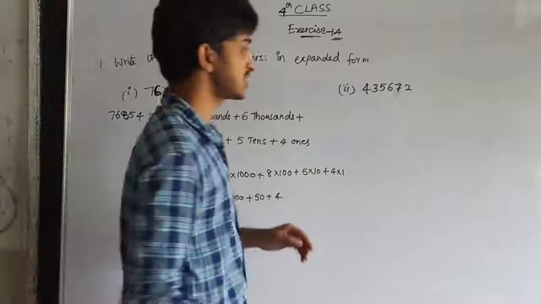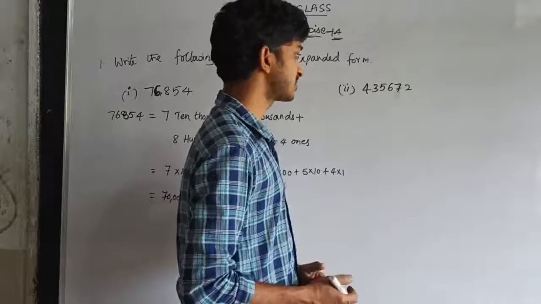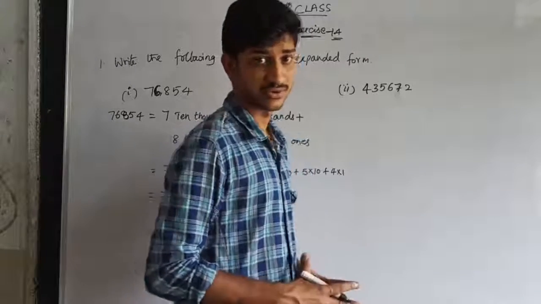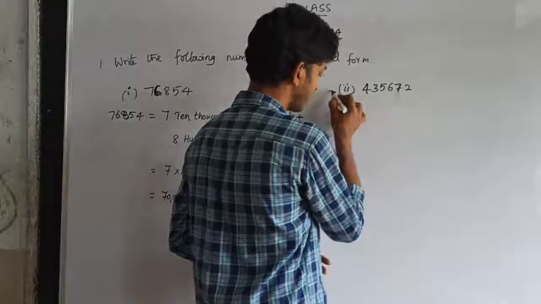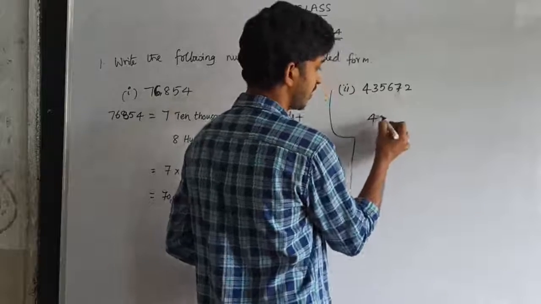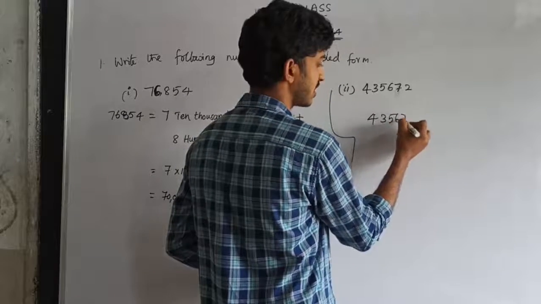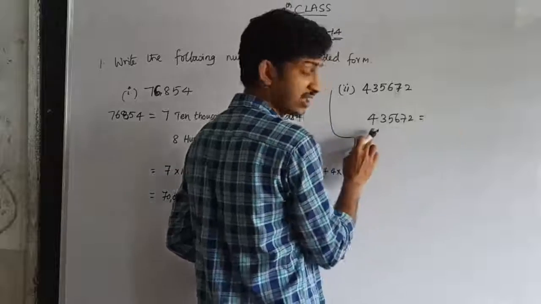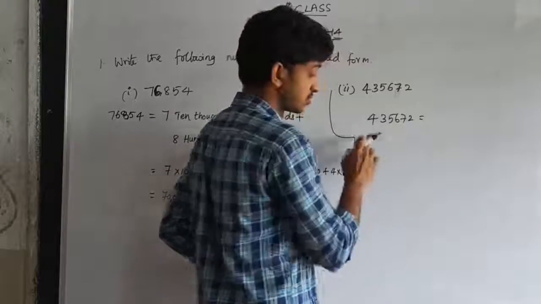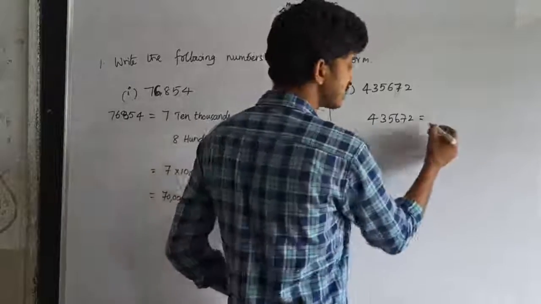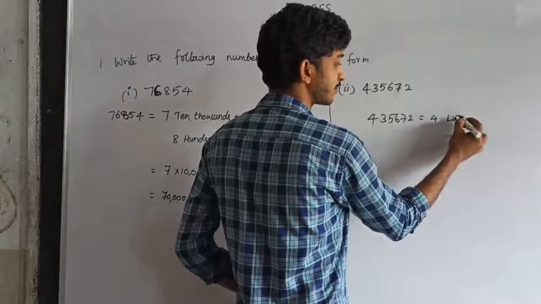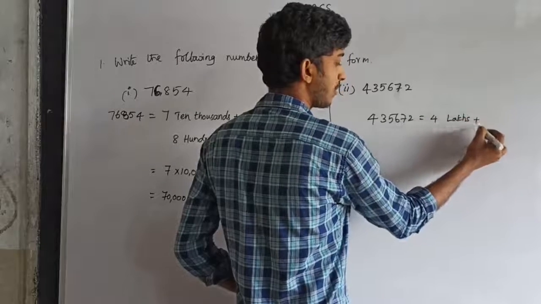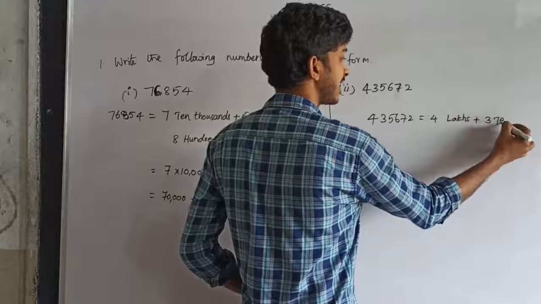Okay, now see the second problem. 4,35,672. Same as the previous one. In this number, how many lakhs we have? We have 4, which means 4 lakhs. Plus how many 10,000s? 3 10,000s.